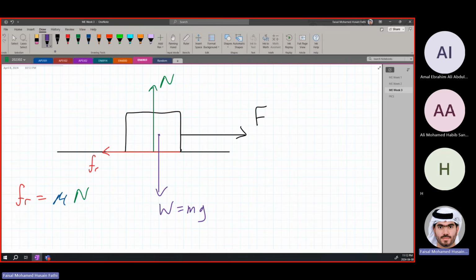The friction force will always depend on the normal force, the force that is perpendicular to the surface. This is our normal force N.